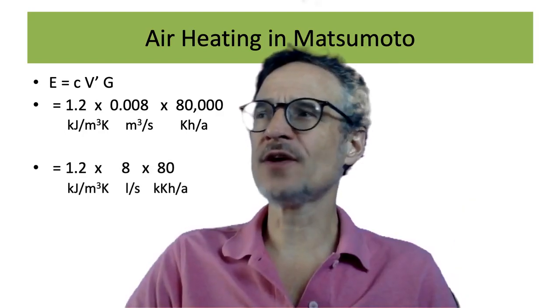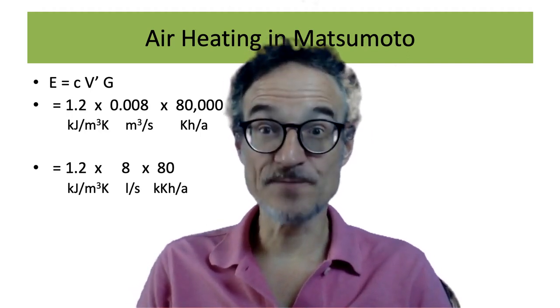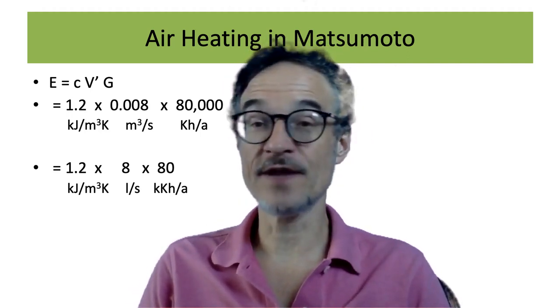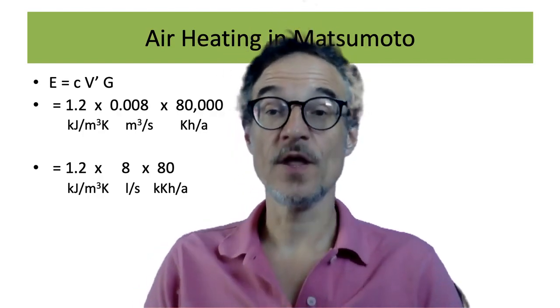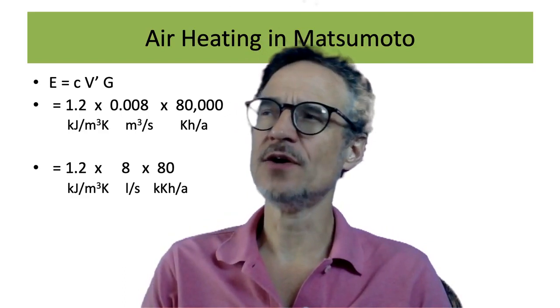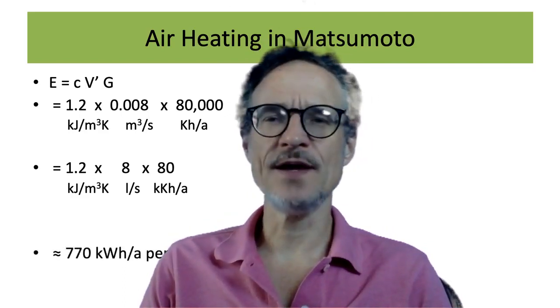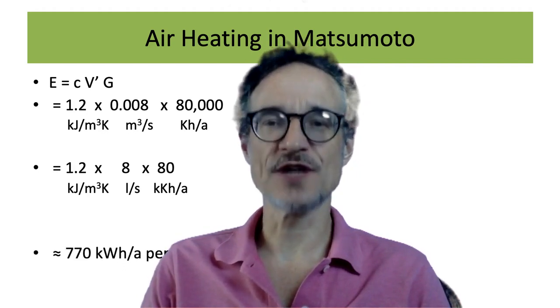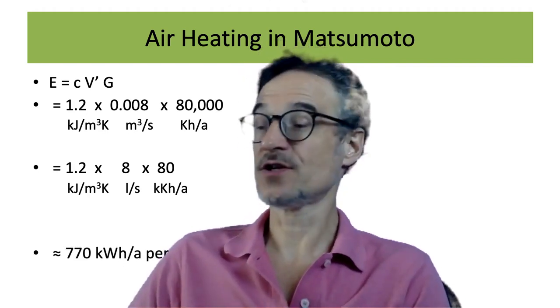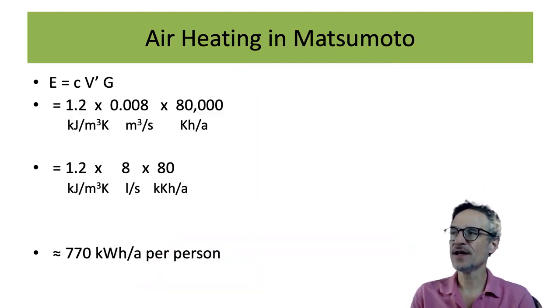When we're doing these calculations, we need to be very careful of the K's. The K for kilo, the small k. The big K is Kelvin. Once we use a K, we may get our answer 1,000 times wrong. And we want to try to get the answer in kilowatt hours.